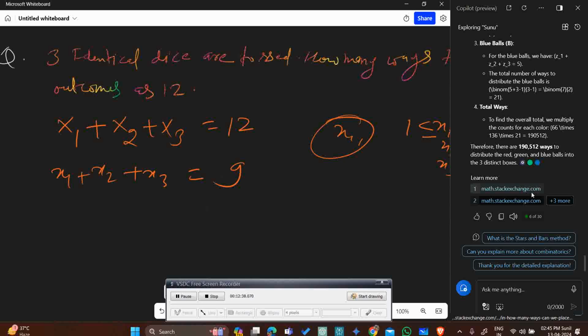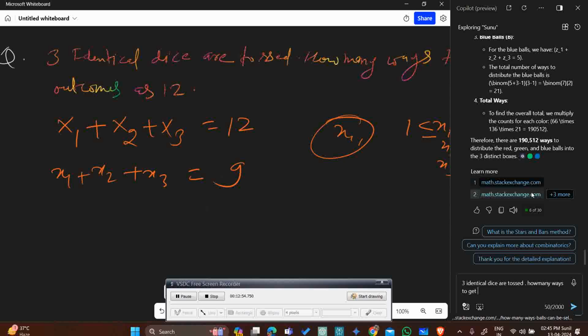Right. What is the question? Three identical dice are tossed. How many ways to get the sum of their outcomes as 12?